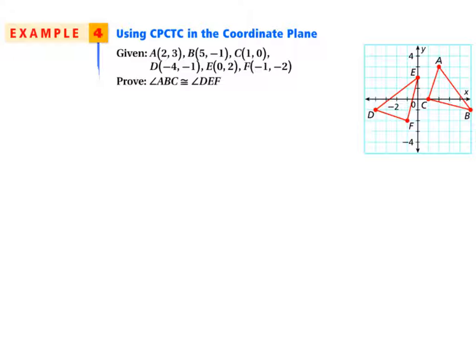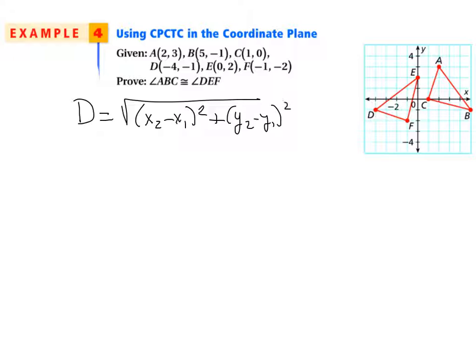So what we're going to have to do is find the length of all 6 sides of each triangle using the distance formula. The square root of x2 minus x1 squared plus y2 minus y1 squared.